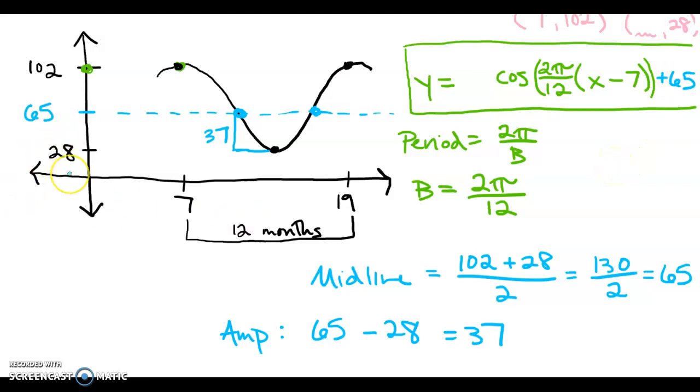And lastly, of course, like I was just talking about, the amplitude is the distance between your midline and your minimum, or your midline and your maximum. I decided to do my midline minus my minimum to get me 37, which of course is my amplitude. The last thing I'll check is it looks like my cosine function is right side up, so this is going to be a positive 37. All right, nice work, PCH.